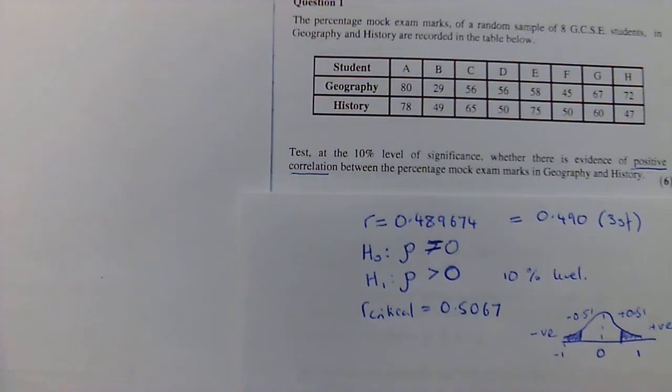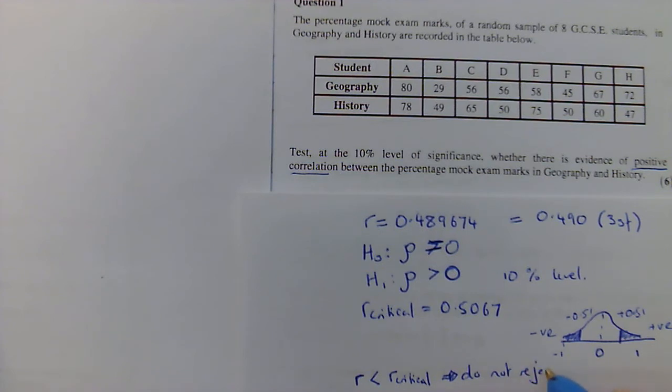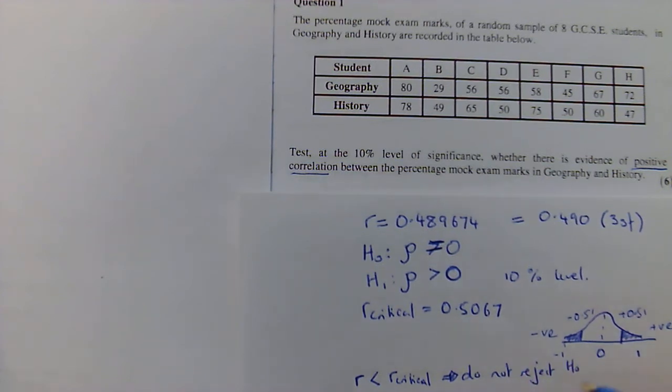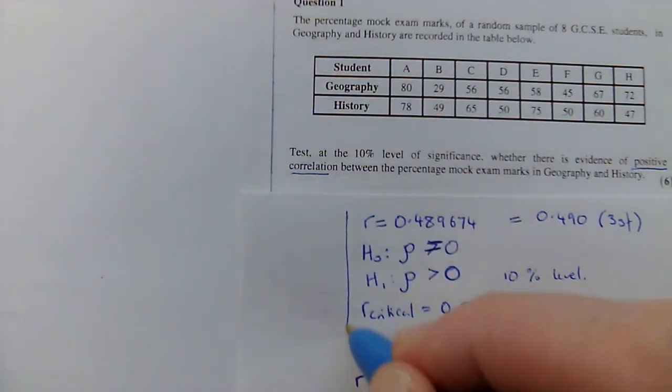So what we can say now is R is less than R critical, so this implies we do not reject H0. And we need to remember to finish that off with a full statement, which I'm just going to write up here so that we can see it.